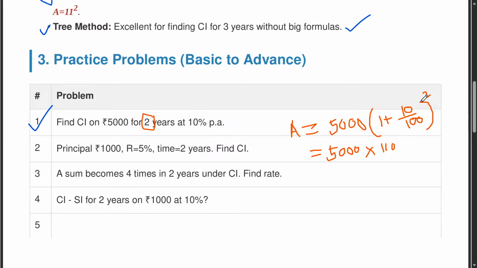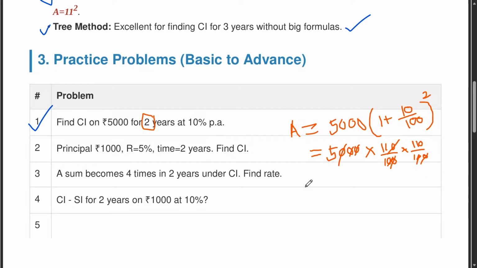So 110 divided by 100 square means 110 divided by 100 multiplied by 110 divided by 100. So students, here the 0 and 0 are cancelled, one more 0 is cancelled, and this 0 is also cancelled.